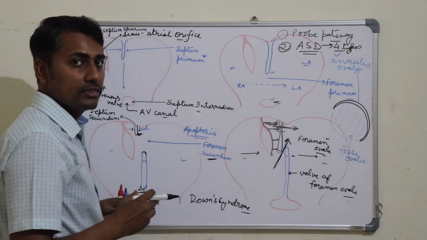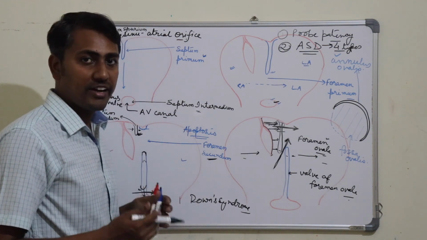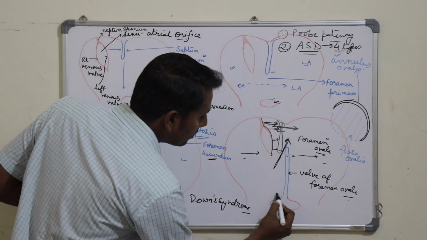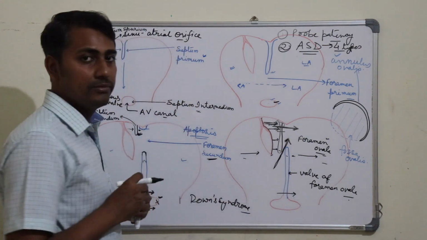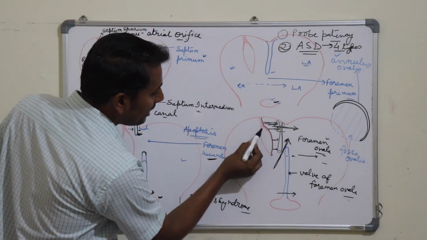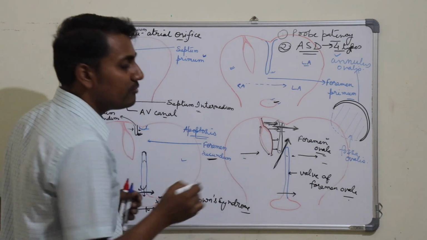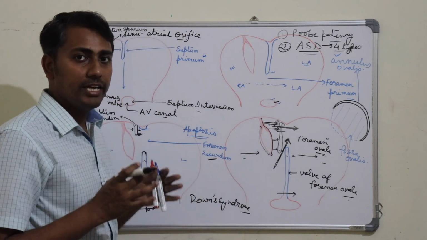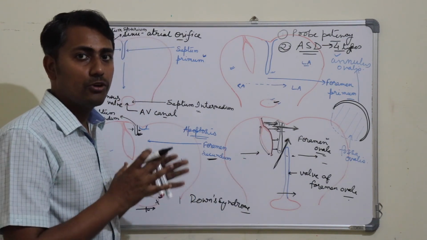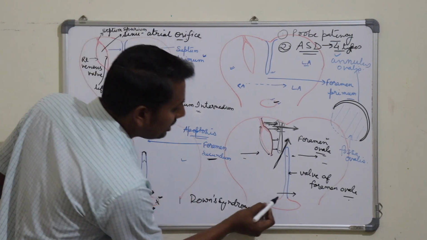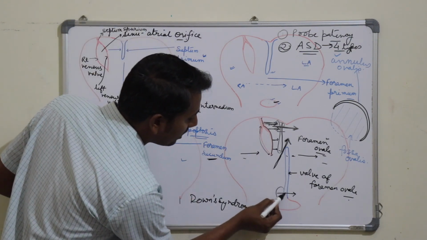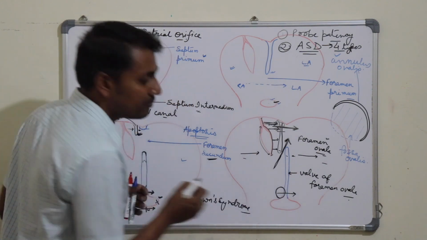Also, sometimes there can be a septal defect in the lower part of the interatrial septum, as the right venous wall will be forming the valve of the inferior vena cava and valve of the coronary sinus, which are closely related to the lower part of the septum primum.